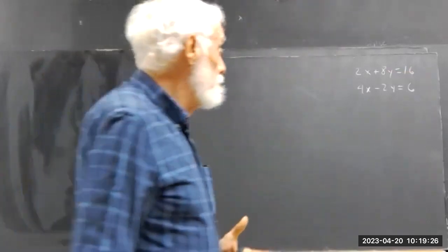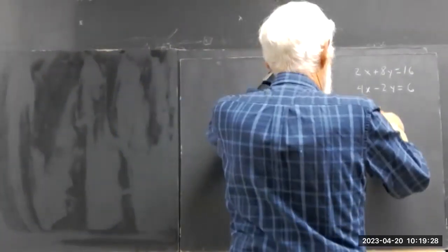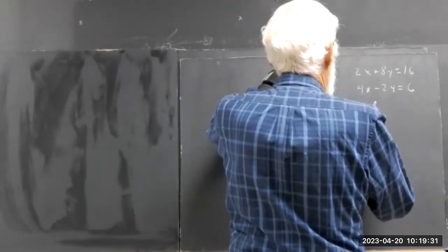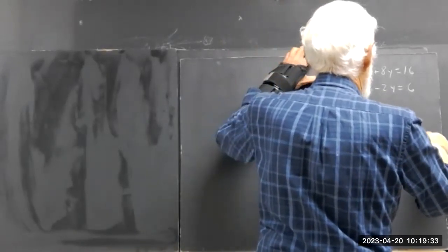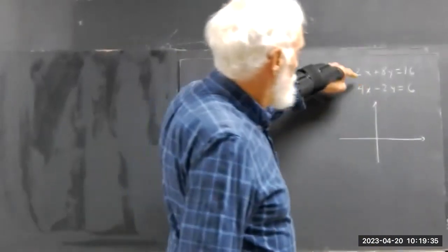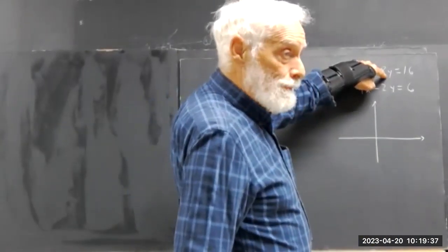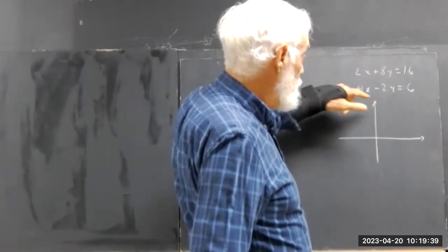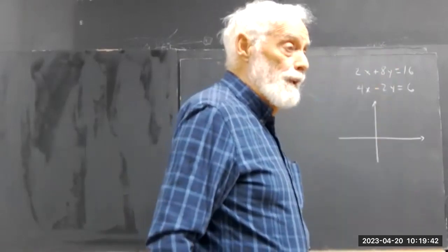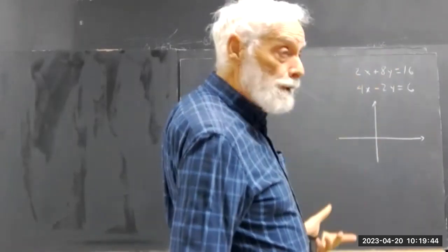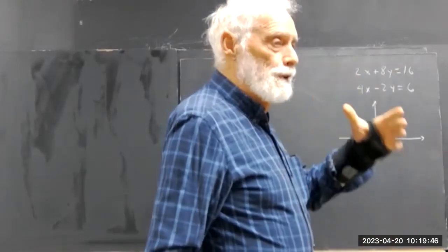First thing we want to do is sketch a graph of this equation and the graph of this equation. Now, both of these equations are linear. They both give us straight lines.